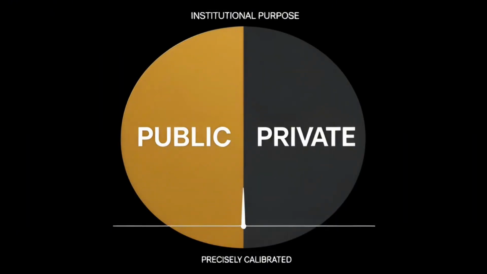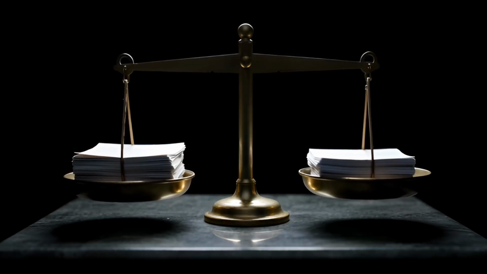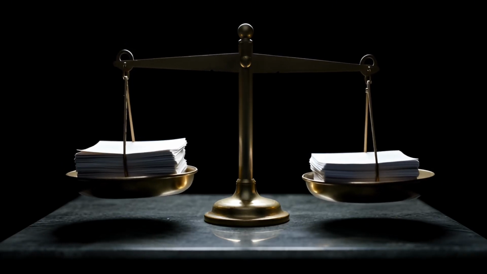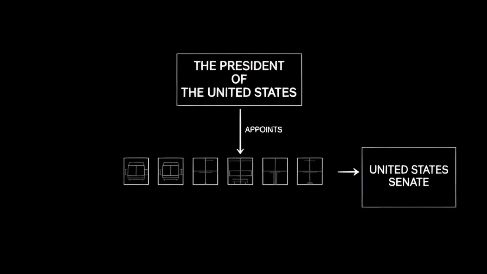It has public characteristics and private characteristics simultaneously, and the balance between them is precisely calibrated to serve a specific institutional purpose. Here is what makes it public. The Board of Governors of the Federal Reserve System is a federal government agency. Its 7 members are appointed by the President of the United States and confirmed by the Senate.